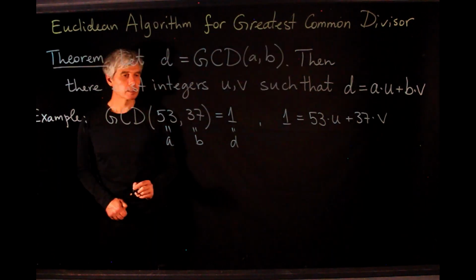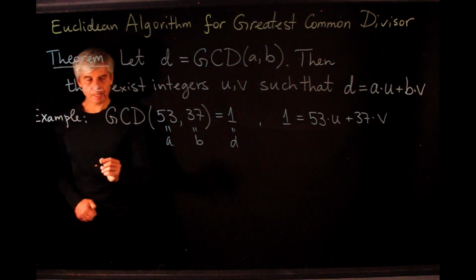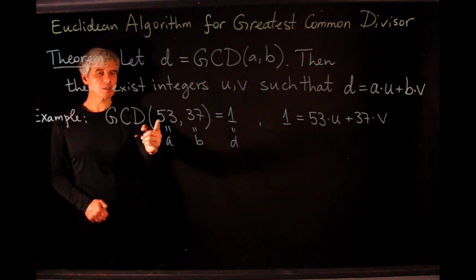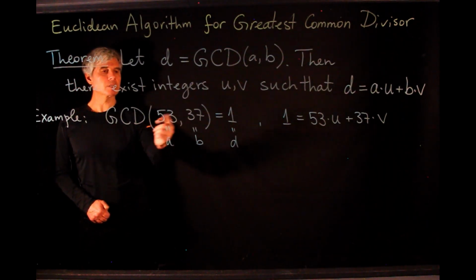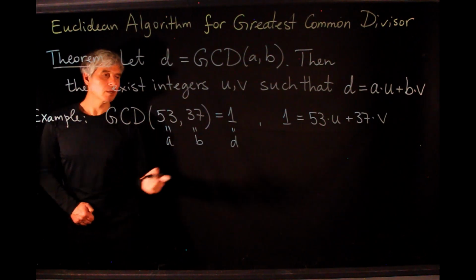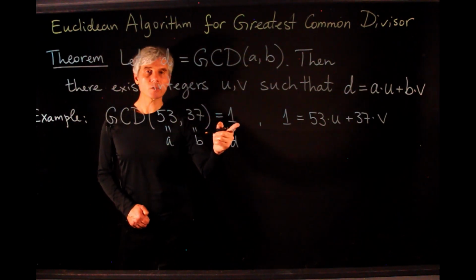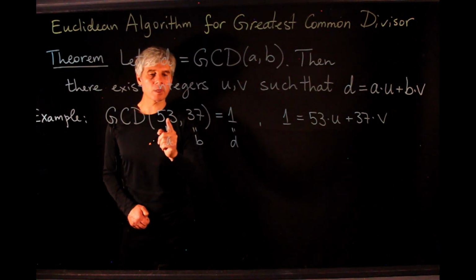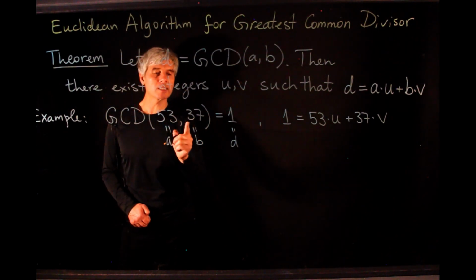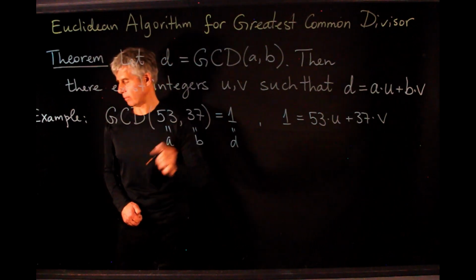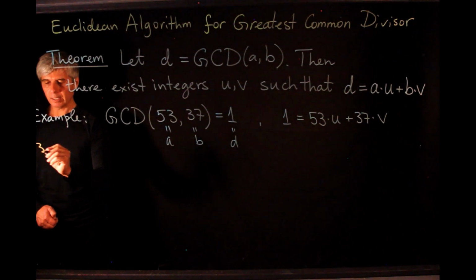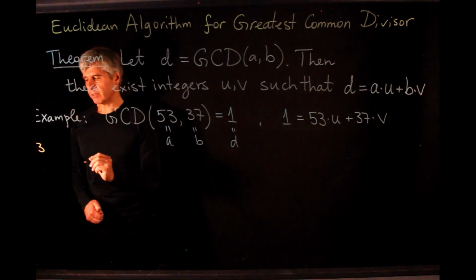Let's do it. So we begin by computing the greatest common divisor of 53 and 37 using Euclidean algorithm. We know the answer, so the answer is going to be 1. But nonetheless, what we are interested in is the way how Euclidean algorithm arrives at this answer. So we start with 53, and we divide it by 37 with the remainder.